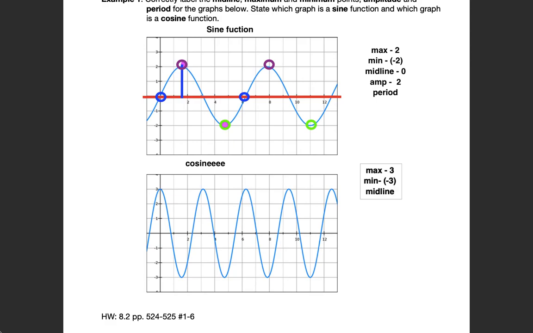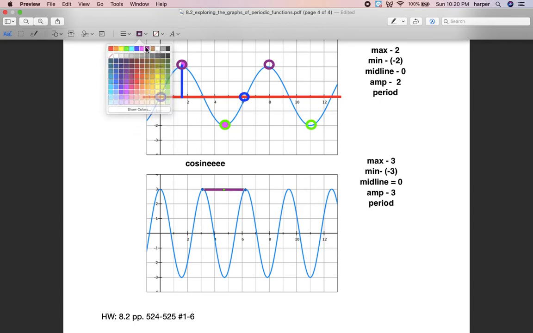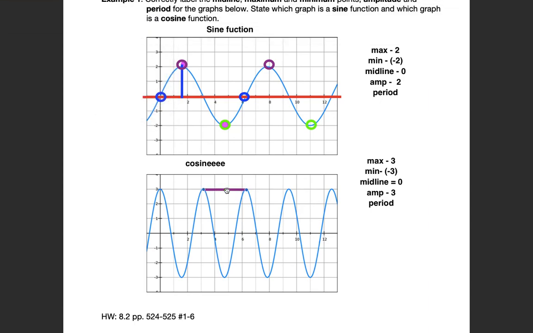Midline for this one, so it goes up by 3 and down by 3. The midline is then equal to 0. So another cheap midline. You'll be looking at a lot more. And the amplitude, well, that is 3. The period, these ones I will draw in. Remember the period is wherever it repeats. So from right here is a good period.